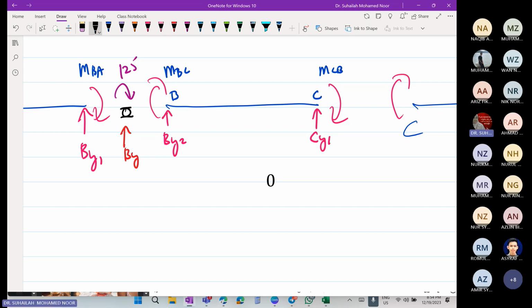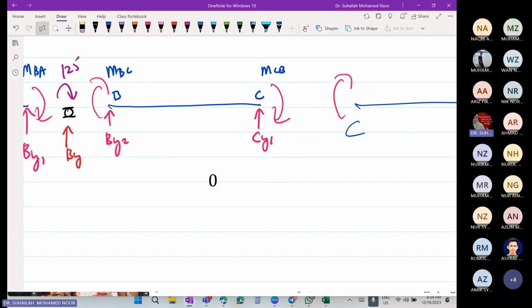And between BC and CD, here is the joint C. Okay, so at this joint, it has CY, and CY is CY1 plus CY2. This joint C.